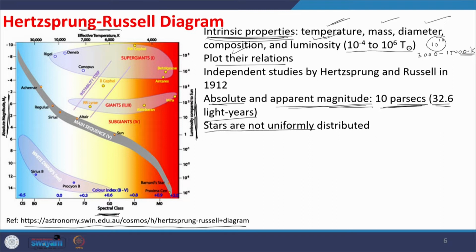Stars are not uniformly distributed throughout the region of temperature and luminosity. Stars are not uniformly distributed. Personally, it reminds me of the distribution of mass of an atom before the discovery of the nucleus by Rutherford. People used to think the mass is distributed throughout the atom, right? The Thomson plum-pudding model.